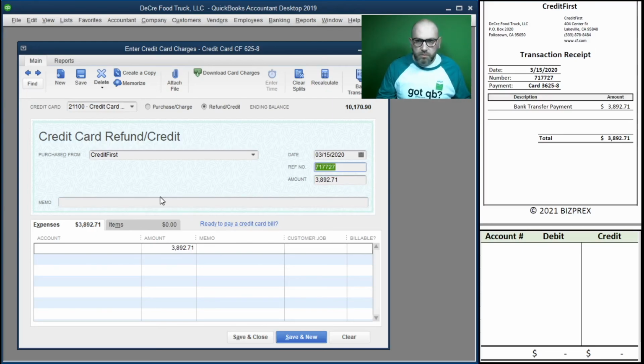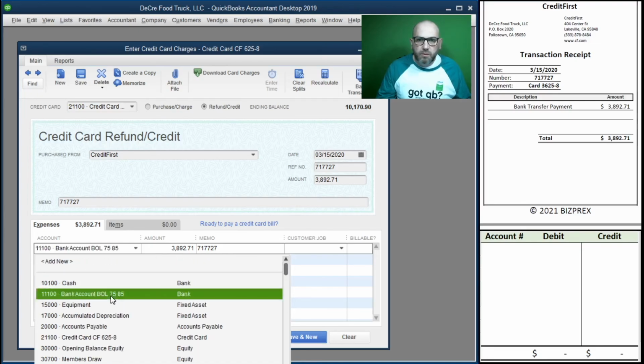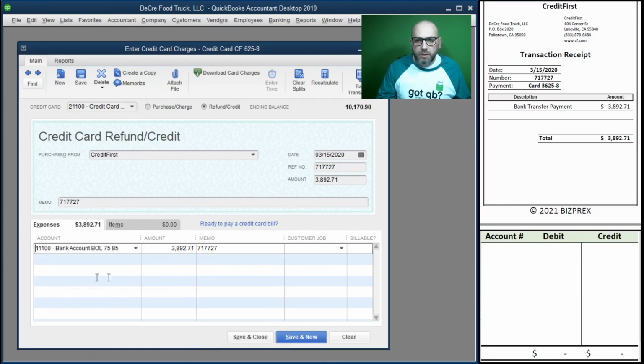So what's going on here? We're paying it using our bank account, right? So our bank account right here is going down, and our liability account right here is going down. So let's make sure we reflect it.